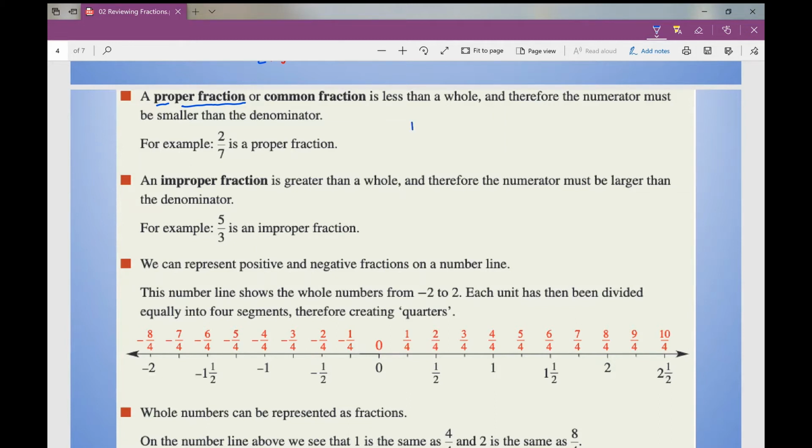It's a fraction where the number on top is smaller than the number on the bottom. An improper fraction, though, is the opposite of that. An improper fraction is where the number on top is larger than the number on the bottom.